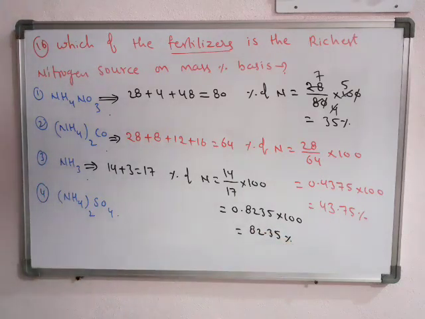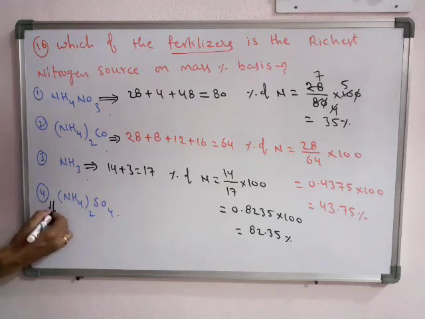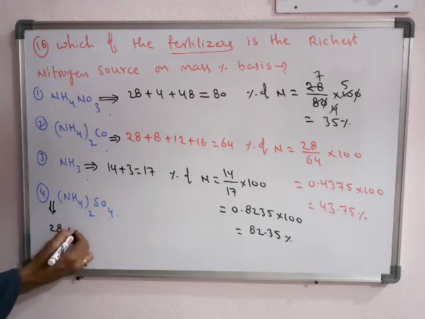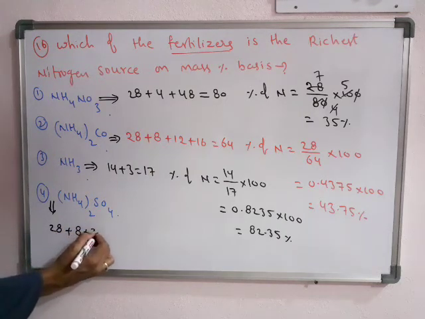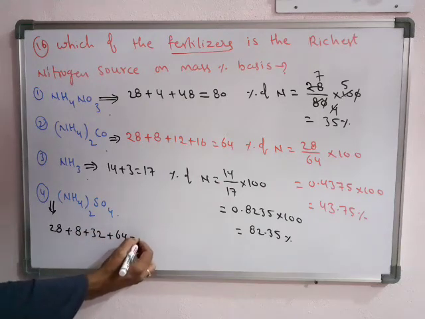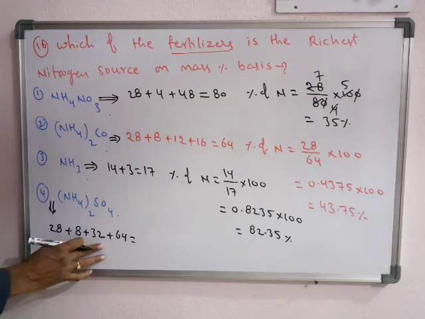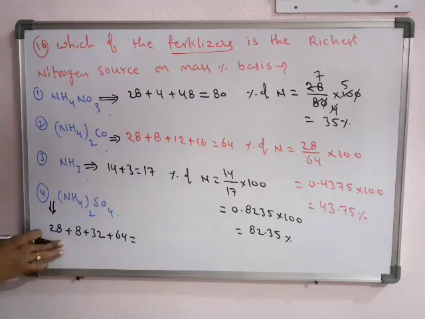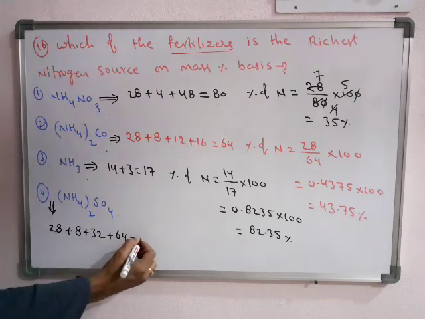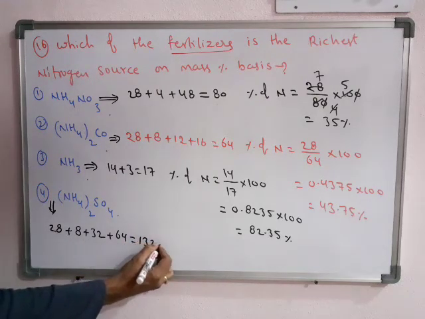Finally, ammonium sulfate. Here we do the calculation: ammonium has 2 nitrogens, 8 hydrogens, sulfur 32, and 4 oxygens. The total is 132.